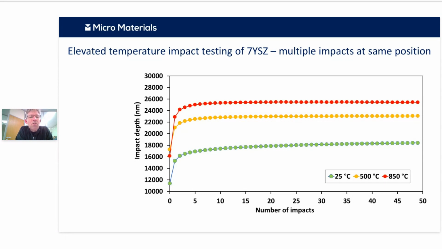There's not much difference between room temperature erosion and the high temperature tests, and the differences that are there are often related to differences in the velocity in the erosion test, because typically the high temperature erosion tests are a little bit faster. And that does increase the erosion rate.